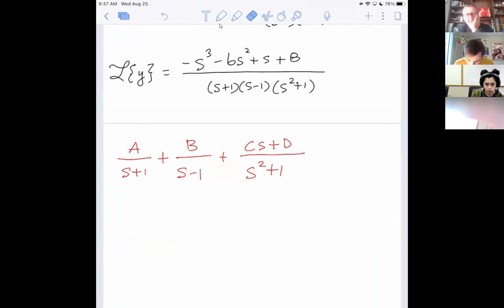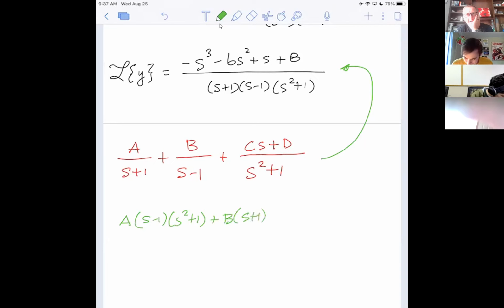And so, in order to compare this to this, of course, we've got to make them look the same. And so we've got to multiply by a common denominator. So, in the race to make sure I don't screw this up, again, what does the A need that it doesn't have? An s minus 1 and an s squared plus 1. That's what it doesn't have. What does the B not have?